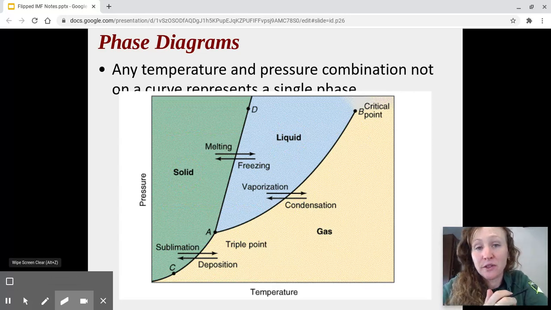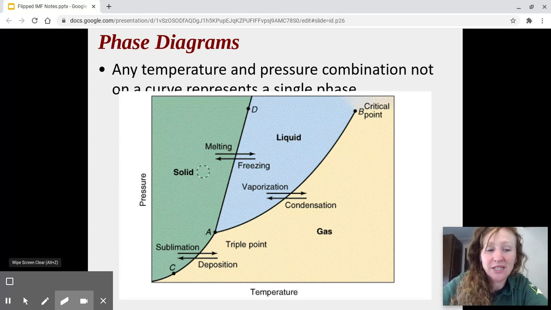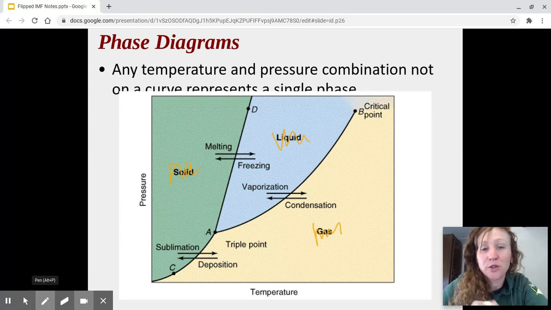Now, that is helpful information to know because a lot of times when they give you these phase diagrams on the AP test, they don't actually label which section is a solid, a liquid, or a gas. That's a favorite question that they like to ask you. They expect you to be able to come up with those labels on your own. And so thinking of it in terms of a temperature change across one pressure is usually the most helpful way to do it.